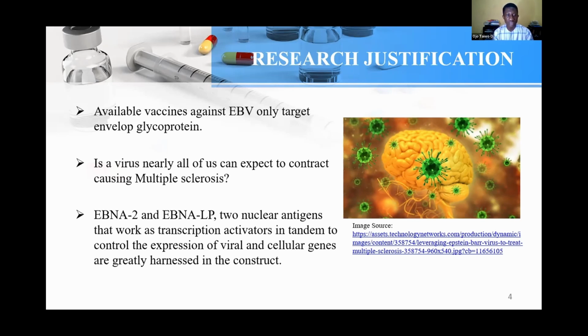So once these antigens have been inhibited by antibodies produced by the host system, the expression of other antigens will not be able to proceed. So we incorporated epitopes from EBNA2 and EBNA-LP in the construct of the vaccine.